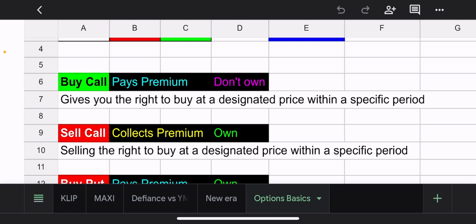So, again, I'll just use Tesla as the example. Let's say Tesla's 220 today, but you want to buy a call with a 230 strike that expires in 6 months. So this means you think Tesla is going to go above 230 within 6 months.